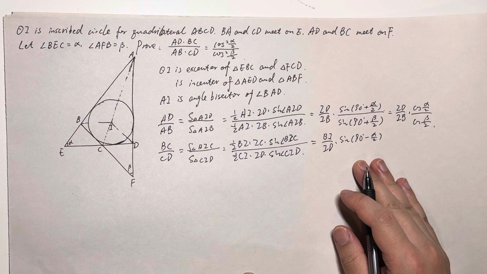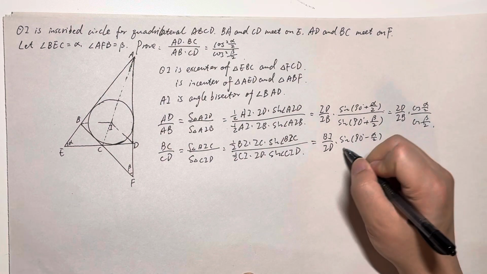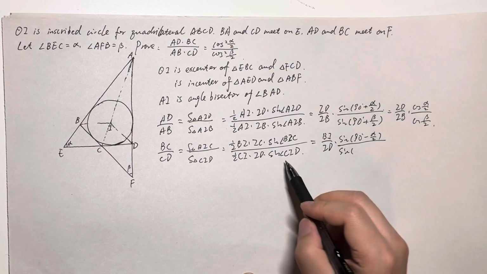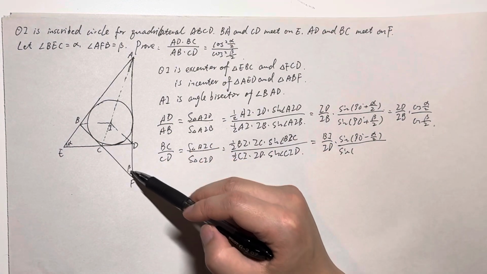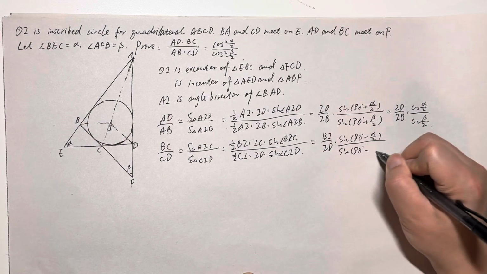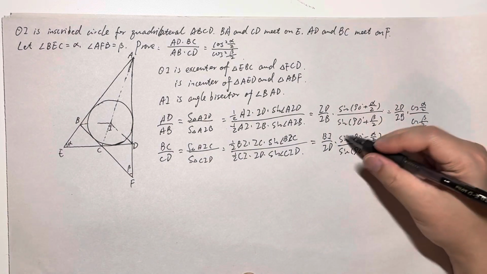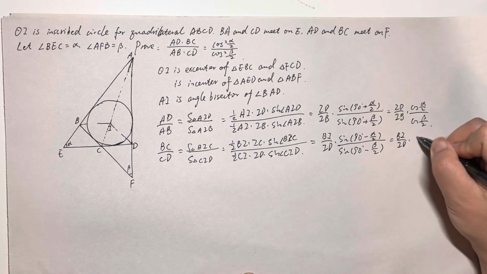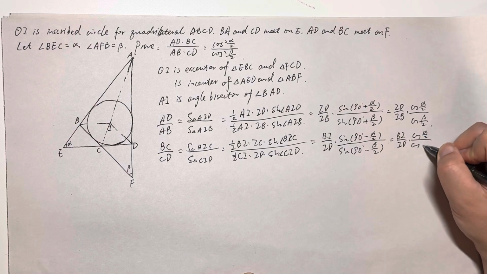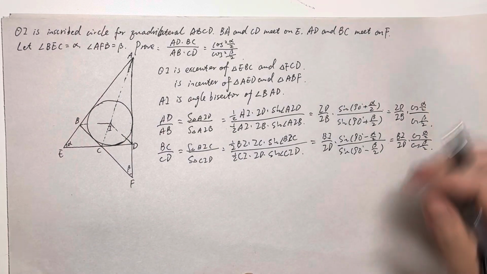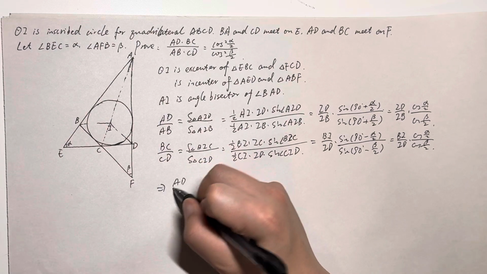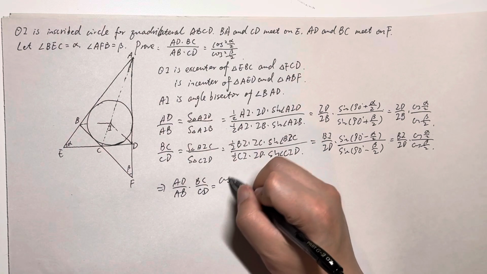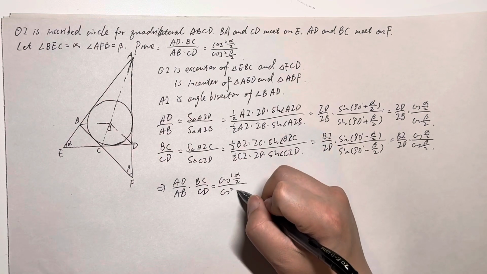This is a property of the excenter. Please review the excenter property video before. For angle CID, that is 90 degrees minus half of beta, right? So sine of 90 degrees minus half alpha over sine of 90 degrees minus half beta is actually cosine half alpha to cosine half beta, so BC to CD equals BI to ID, cosine half alpha, cosine half beta, right? If we multiply them together, we get AD to AB times BC to CD equals cosine square half alpha to cosine square half beta.